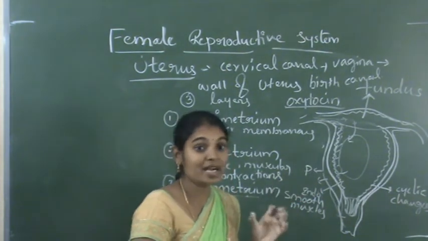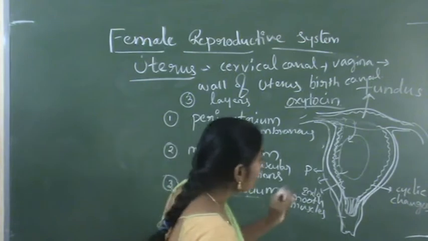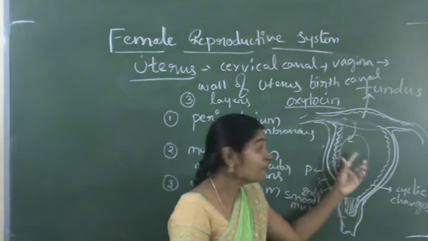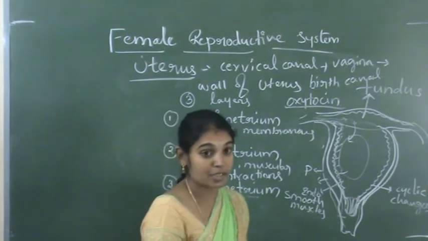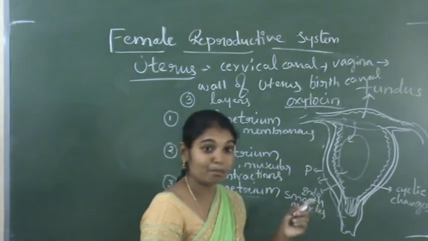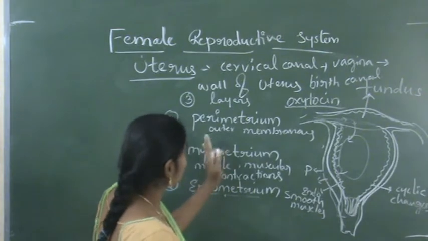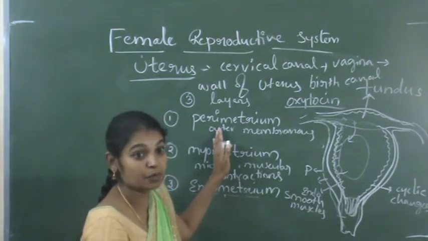During these strong contractions of the uterine muscles, the baby is expelled out. That process is known as parturition or childbirth. So these are the functions of the three layers of the uterus.